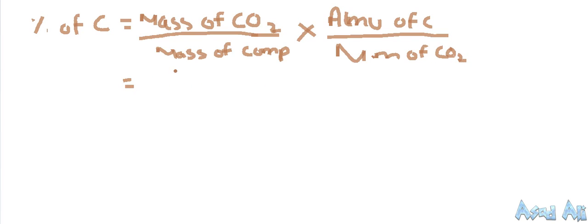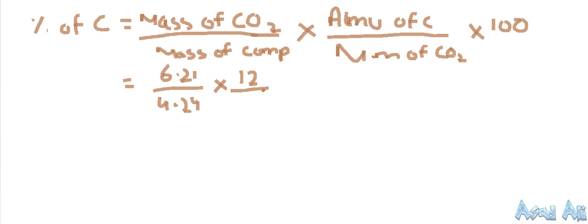Now, the mass of CO2 produced is 6.21. We have to find a percentage, so we multiply it by 100. 6.21 divided by 4.24, because that was the mass of the compound, multiplied by the atomic mass of carbon, which is 12, over CO2, which is 44. Now multiply this by 100.